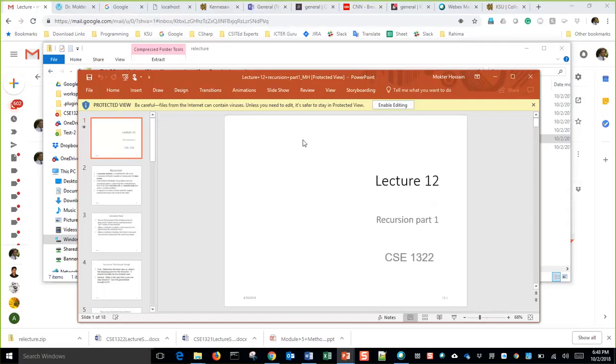We are considering factorial only for positive numbers, not negative numbers. So if it is 1 or 0, then return 1. This is the lower bound we will return.